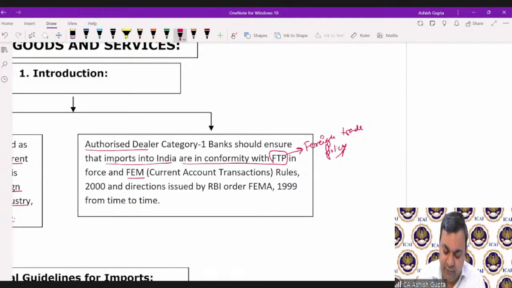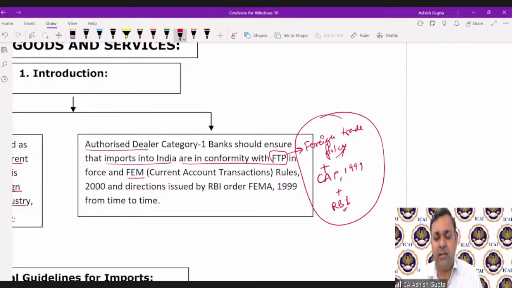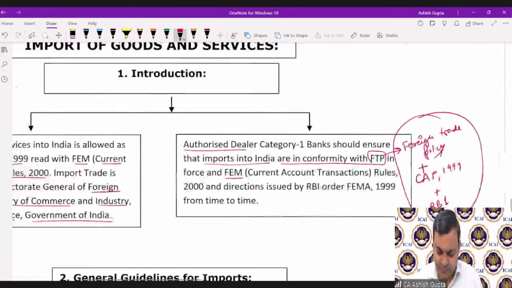Foreign Trade Policy generally covers a 5 years time period, right? They prepare it for a 5 years time period. Foreign Exchange Management Current Account Transaction Rules means we need to follow the FTP, we need to follow the Current Account Transaction Rules along with RBI directions. Means these are the regulation part with respect to import of goods and services.